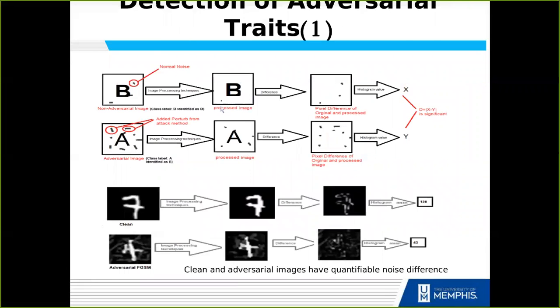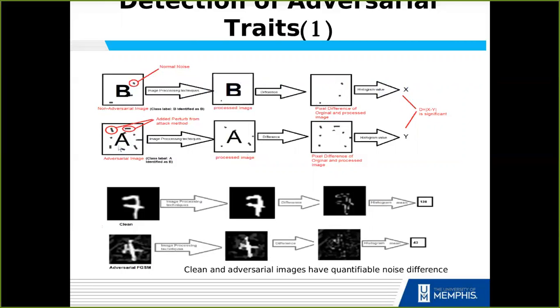Here we have an example. For example, we have an image B, and this image is not attacked by any of the attacks that we have talked about in the previous slide. So this goes through some image processing techniques, and we have a cleaner image compared to the one before. And after that, we can see the pixel differences, and the histogram value will be very clean.